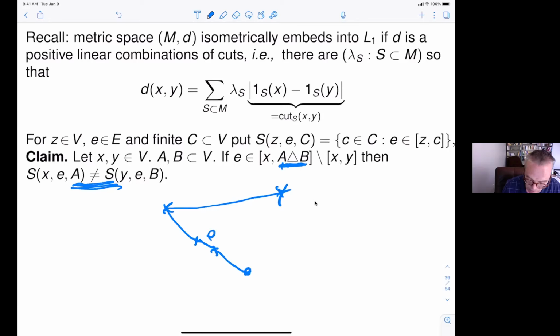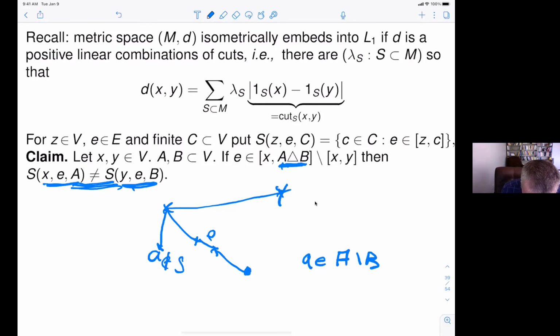A cannot be equal to B. So there must be some A in A, without loss of generality, some A in C. If this A is here, but not in B, this A must be here, but it cannot be there because it's not in B. If A is in A but not in S_{X,E}, then... I'm sorry, I forgot this argument, but it's also a very simple argument.